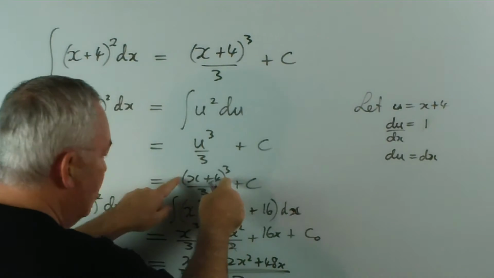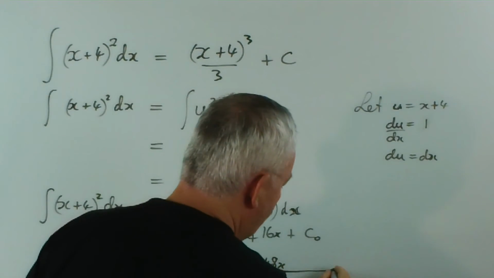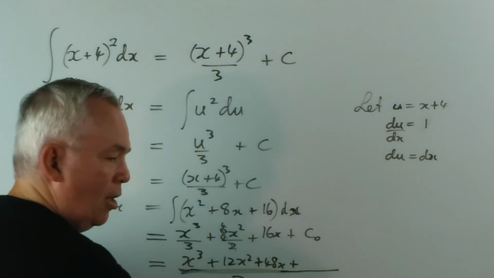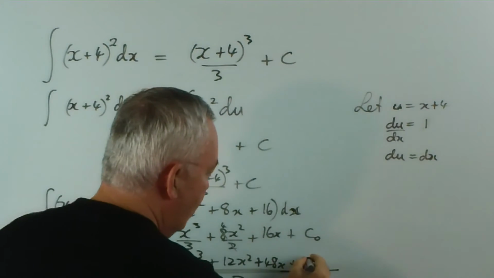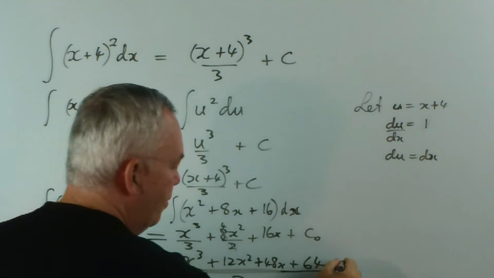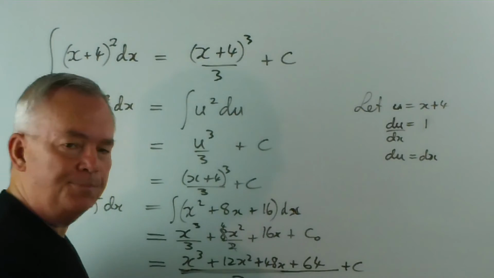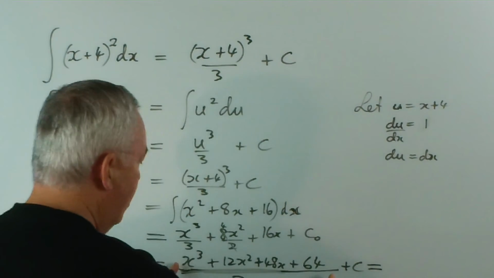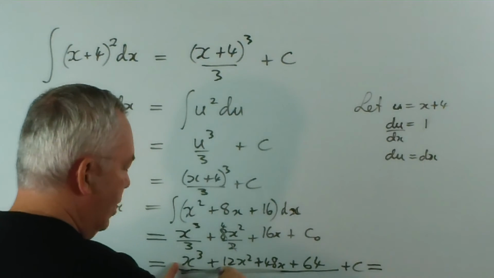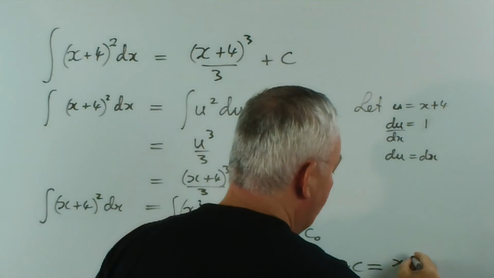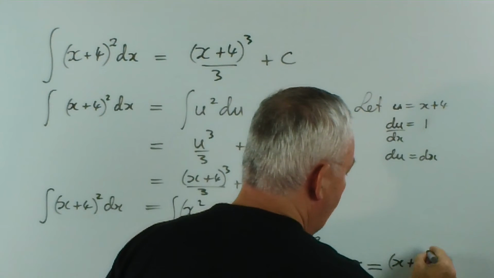Now, to complete this pattern, I'll show you why it works later, I need to take a constant out of this, and I'm going to put a 64 over 3 as my last constant, plus c. And believe it or not, this expansion, x cubed plus 12x squared plus 48x plus 64, is x plus 4 cubed.